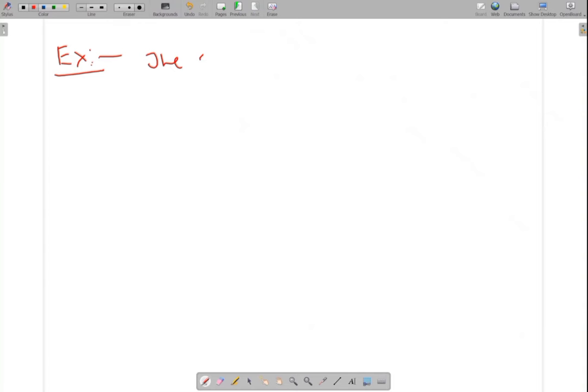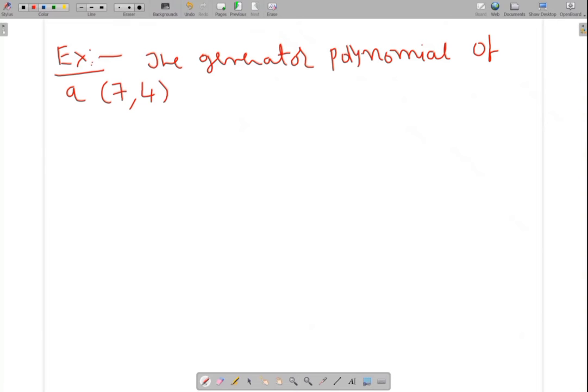The generator polynomial of a (7,4) cyclic code is g of p is p cube plus p plus 1.